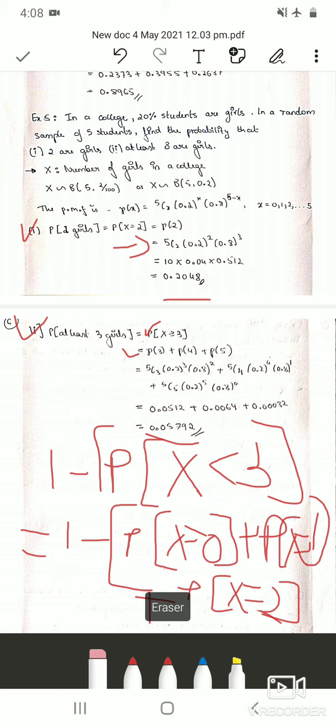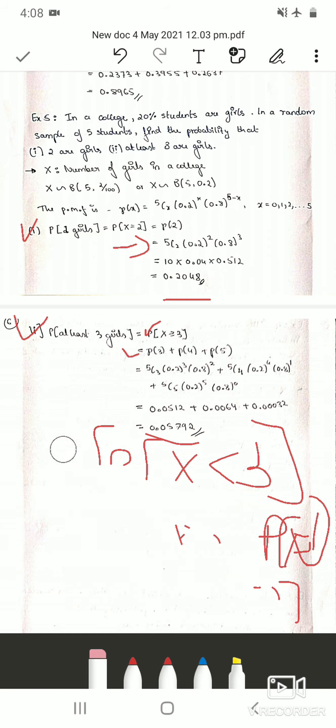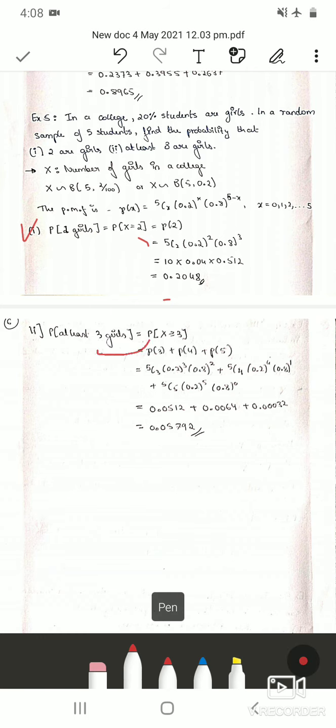Here also you have 3 terms, P of x equal to 0, P of x equal to 1 and P of x equal to 2. And if you are not taking the complement, then it is fine because it also has 3 terms. So wherever x is there, you substitute it as 3 in the first term, then 4 and then 5, and find the combinations and then simplify.